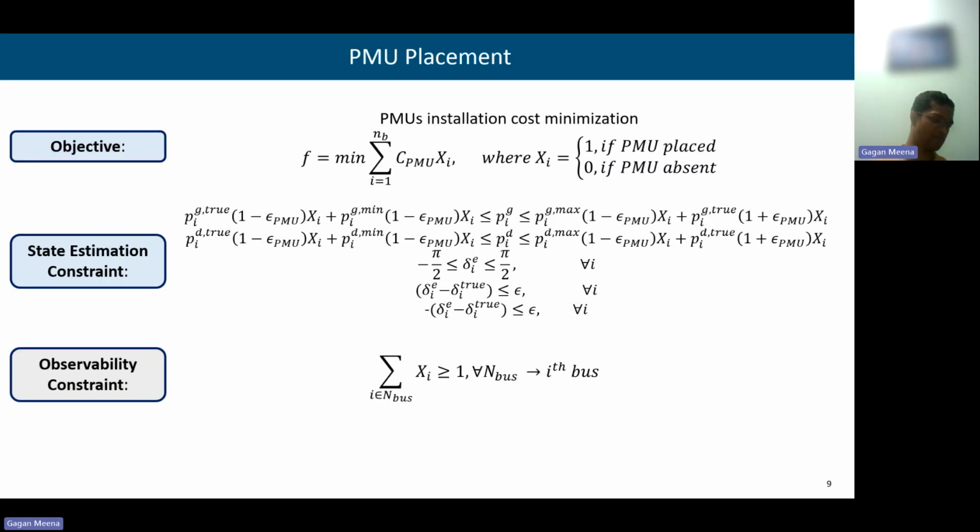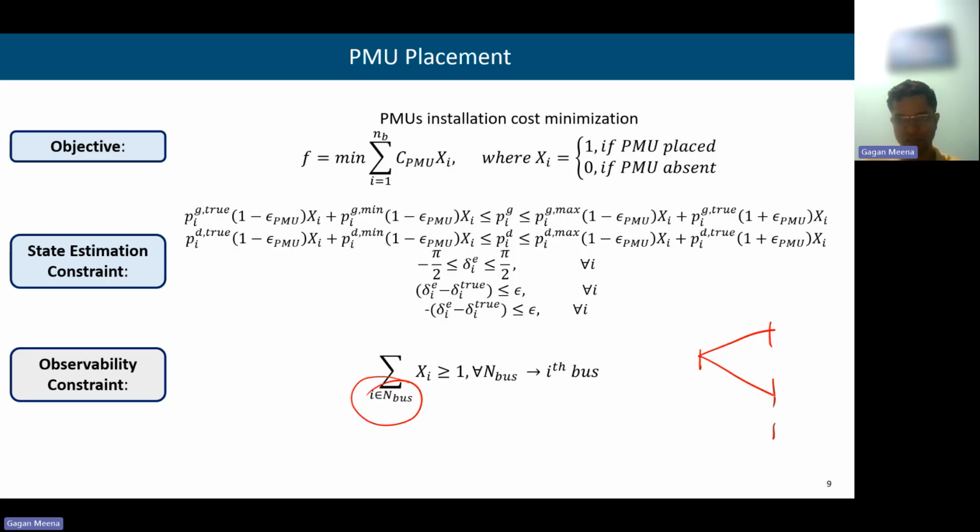And one thing which I forgot to discuss is this. So N bus, here let's say what we have is, this is one bus, two bus, three bus.